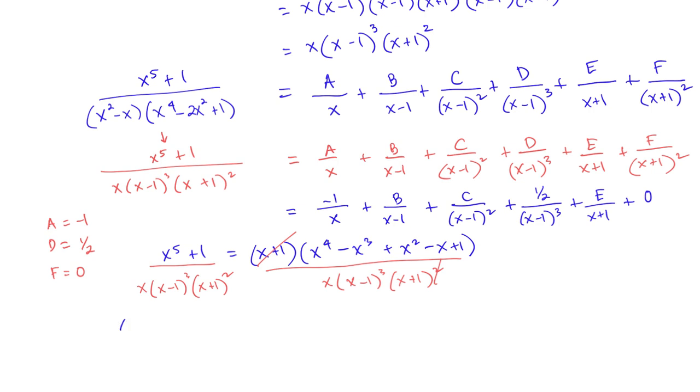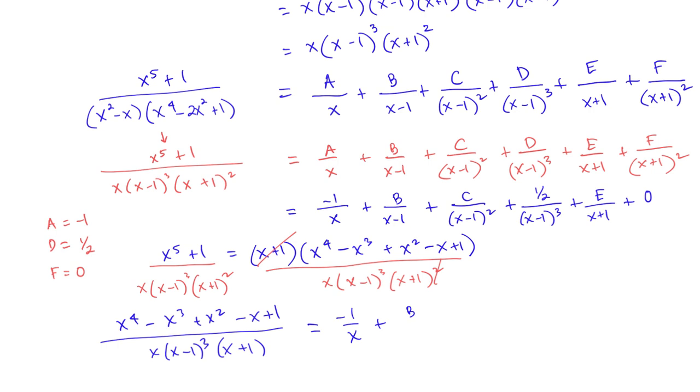It must be true that (x to the fourth minus x cubed plus x squared minus x plus 1) over x times (x minus 1) cubed times (x plus 1) must be the same as -1 over x plus b over (x minus 1) plus c over (x minus 1) squared plus 1/2 over (x minus 1) cubed plus e over (x plus 1).